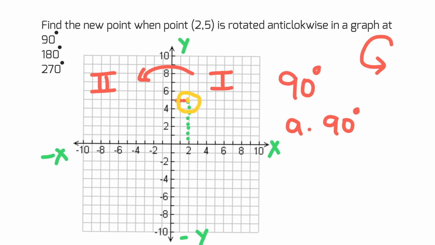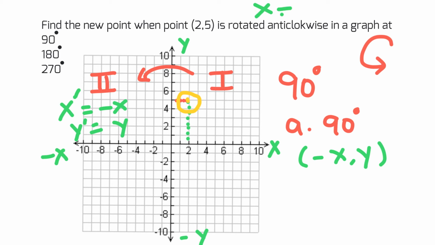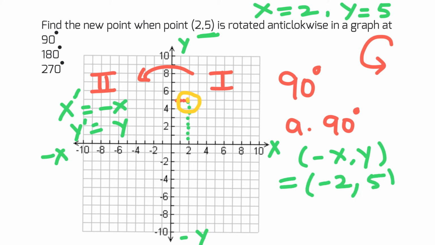So the new points, see, x dash is minus x and y dash is y. So the point would be minus x comma y. X, as we can see here, is 2 and y is 5 in the question. So the new points would be minus 2 comma 5.